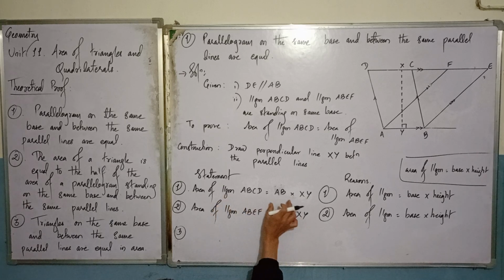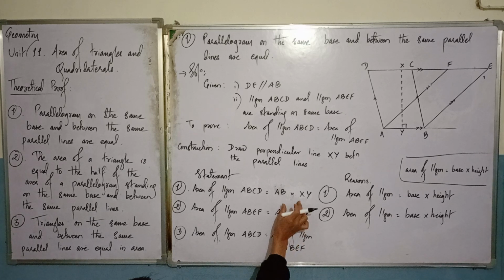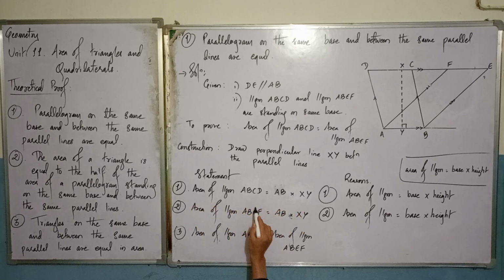Since they are both equal to the same AB times XY, you can directly write that the area of parallelogram ABCD is equal to the area of parallelogram ABEF.